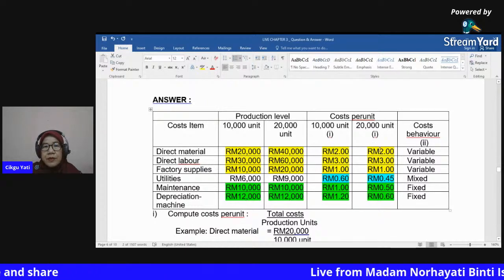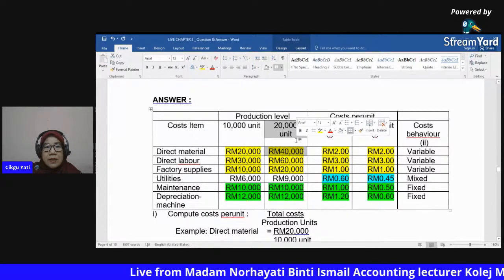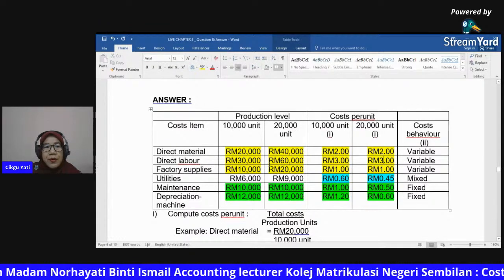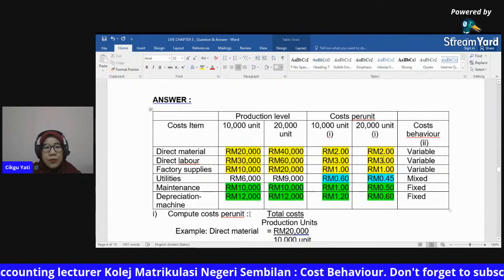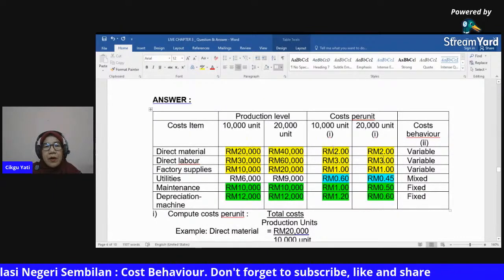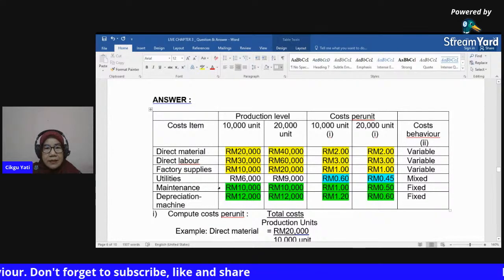For this one also, 40,000 divided by 20,000, and you get 2 ringgit. Also for direct labor. This is the formula to compute cost per unit. You have to do the same step for all items.